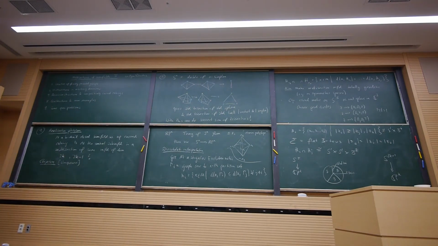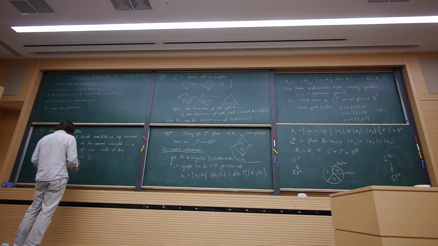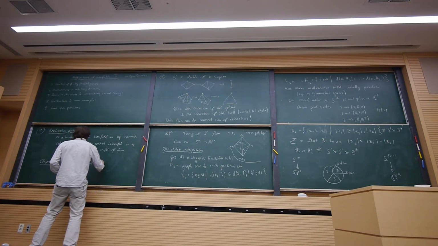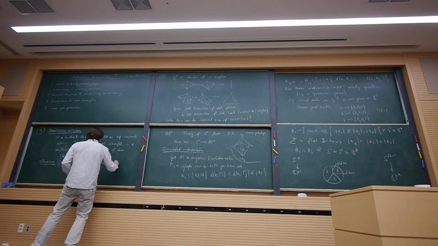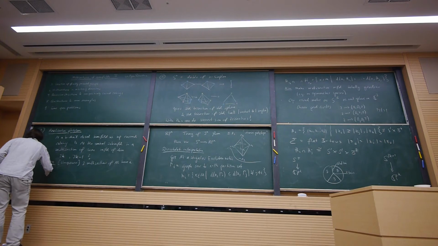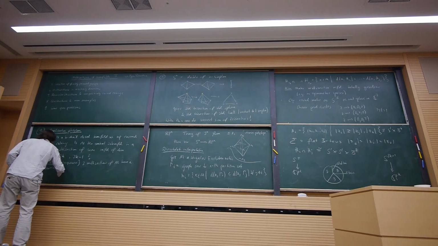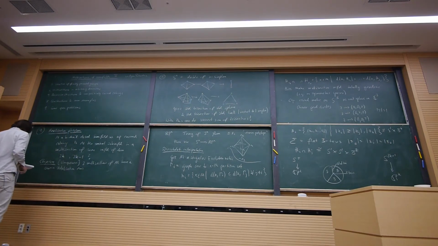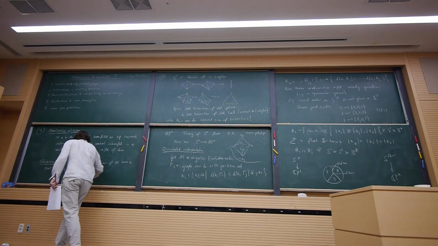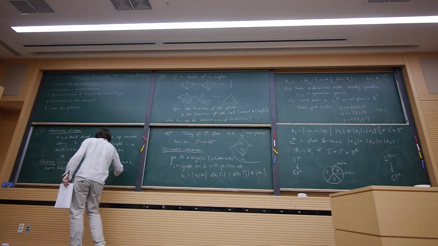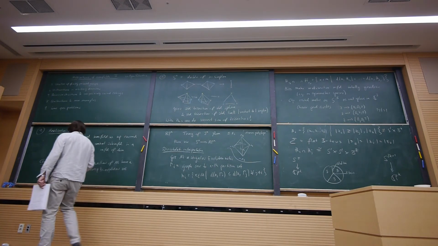In higher dimensions, of course, you can have different PL structures. So here's the conjecture: two multisections of M have a common stabilization if and only if the corresponding triangulations are PL equivalent.